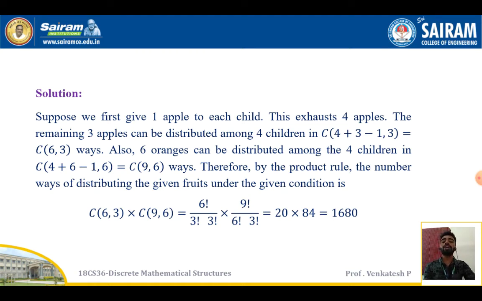I'll be getting 6 factorial by 3 factorial into 3 factorial, into 9 factorial by 6 factorial into 3 factorial. It will be equal to 20 into 84, so 1680. So we can conclude that we can distribute 7 apples and 6 oranges among 4 children in 1680 ways by giving 1 apple to each child. This is the condition they have given here.